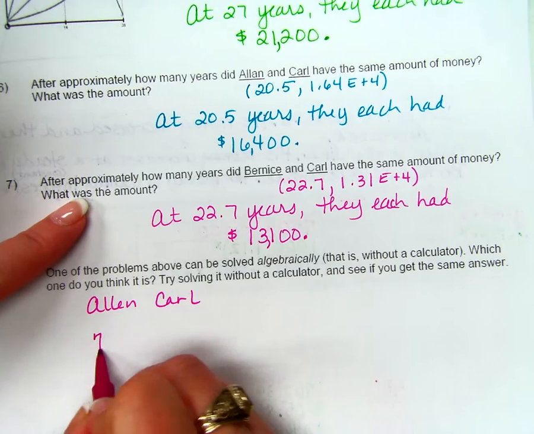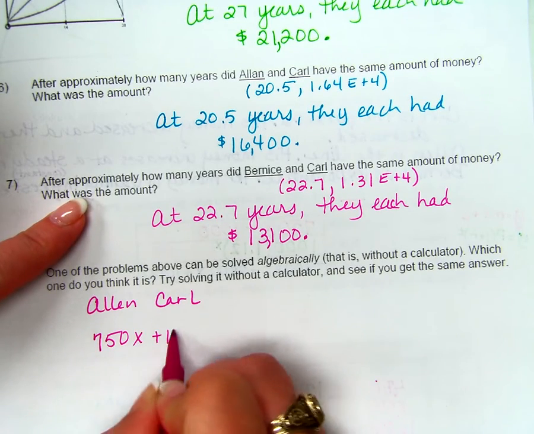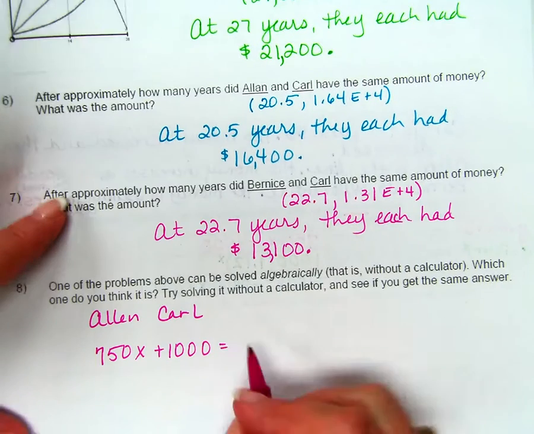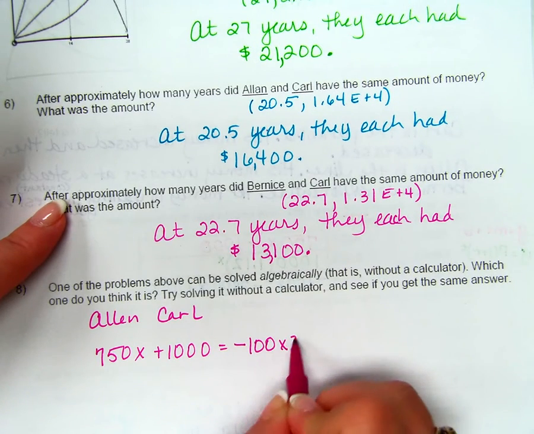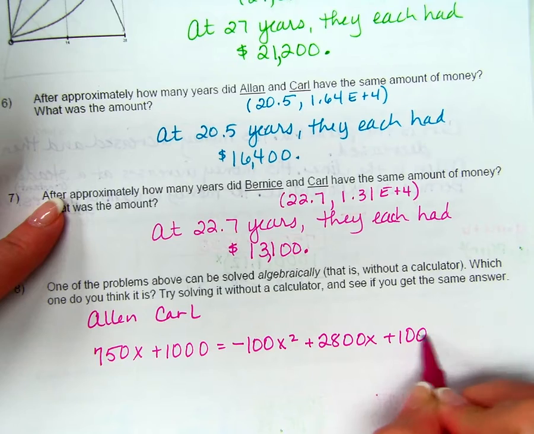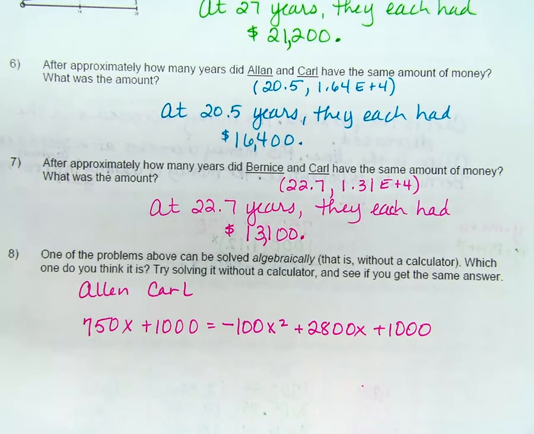Okay, so Alan is 750x plus 1,000, and Carl is negative 100x squared plus 2,800x plus 1,000. That's just a quadratic equation that we solved many, many times in class.